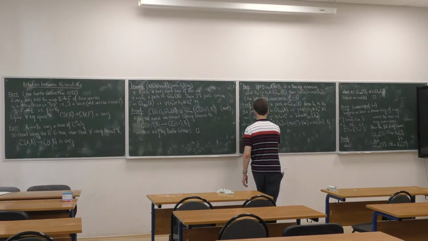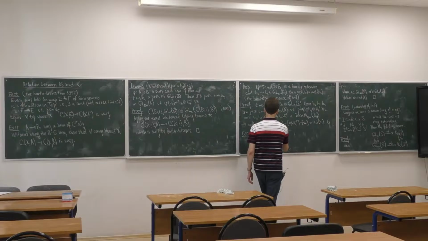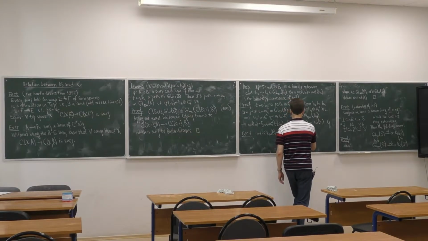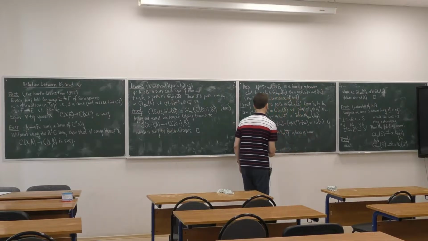The index map, which takes GL infinity of B to K0 of I, induces a group homomorphism, which will be denoted by the same letters.